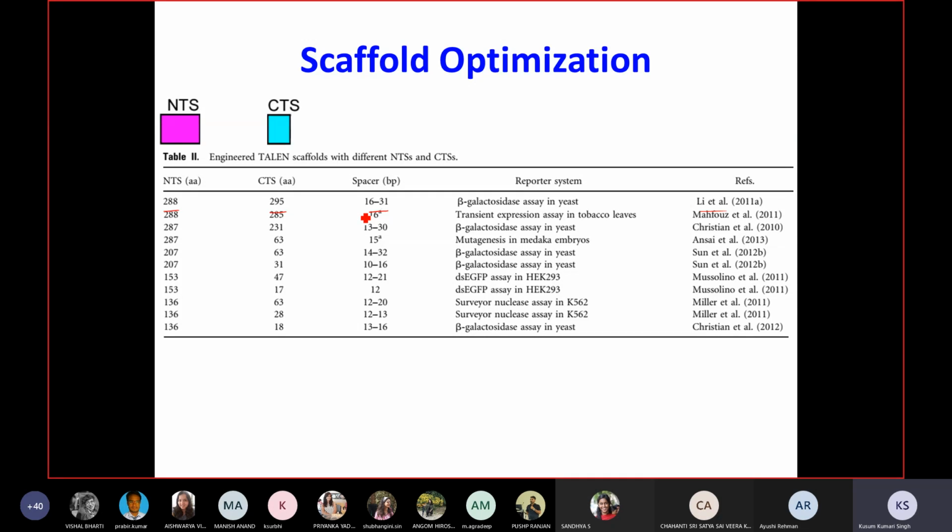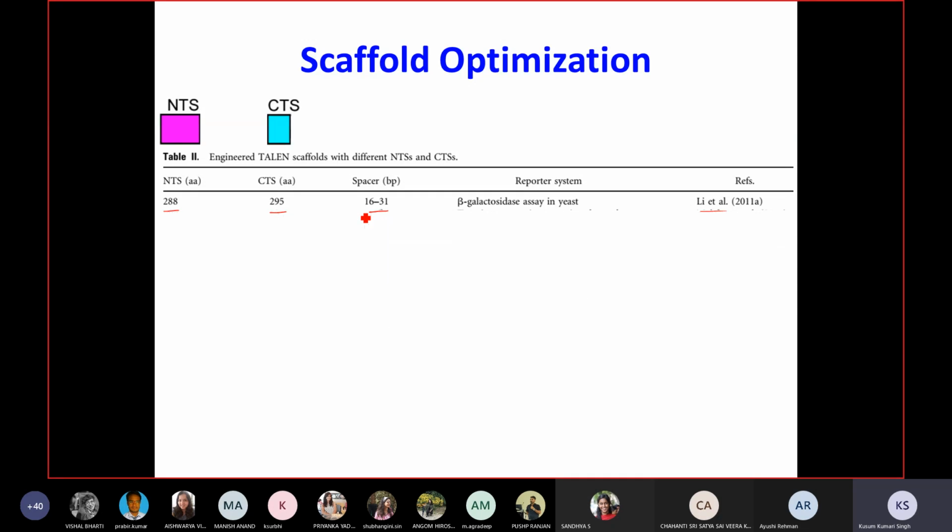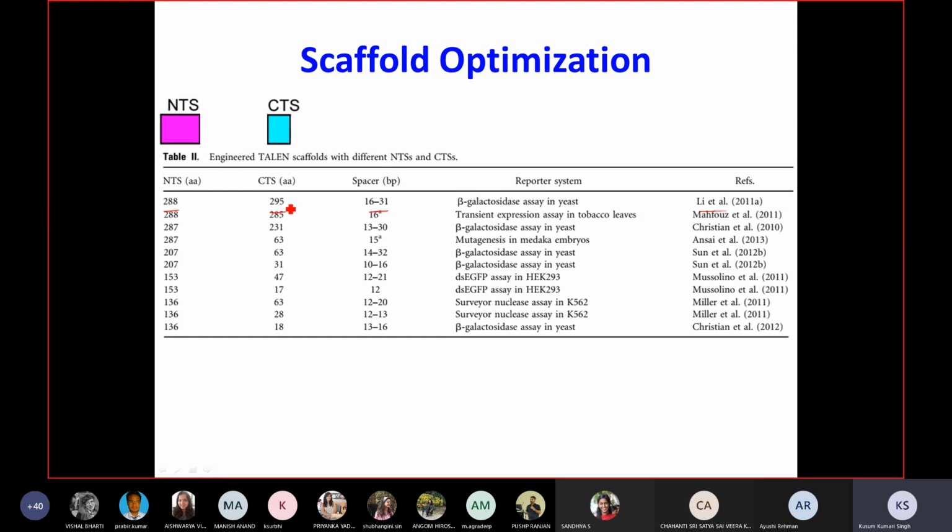If you have a very big molecule, like 288 amino acids in the N-terminus and a bulky C-terminus, it is very difficult to transfect into some kind of organism or cells. Therefore, the preference is always to construct smaller proteins that are easily transfectable, and then easily mutate the region required for the editing.